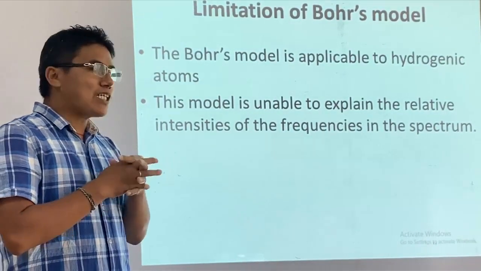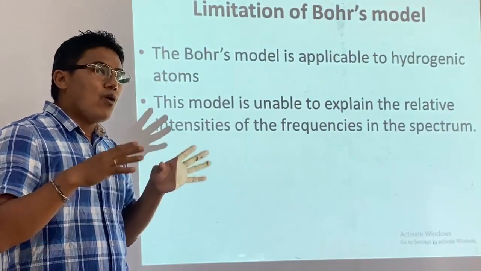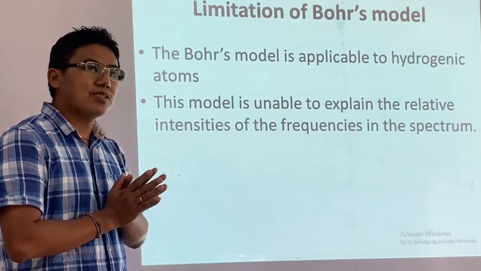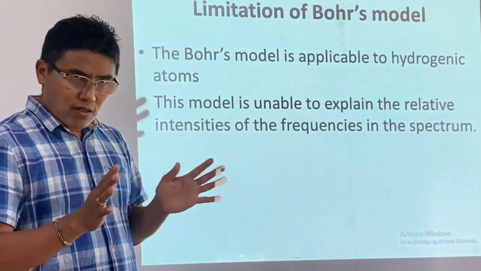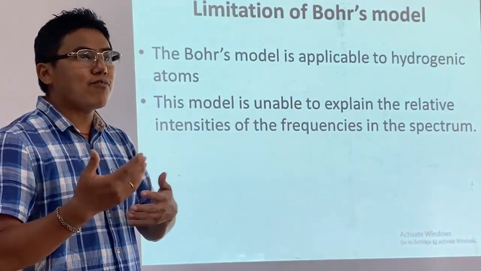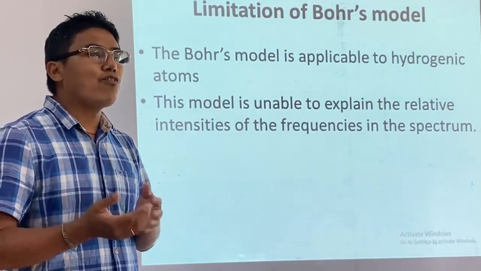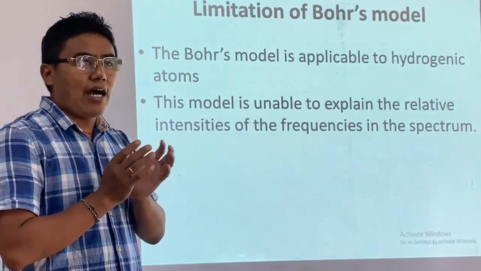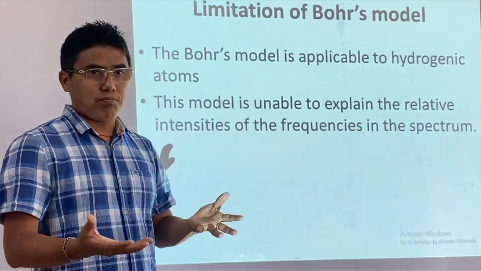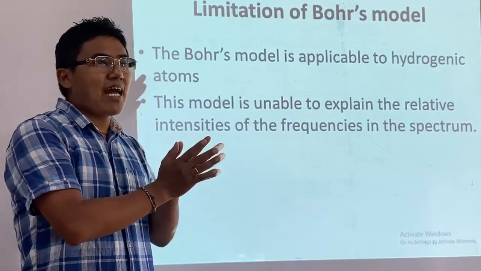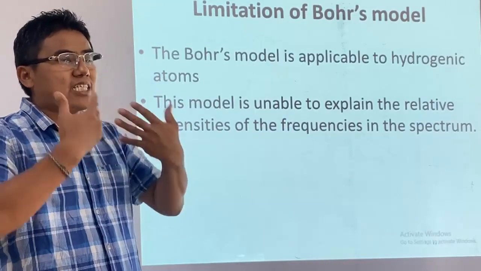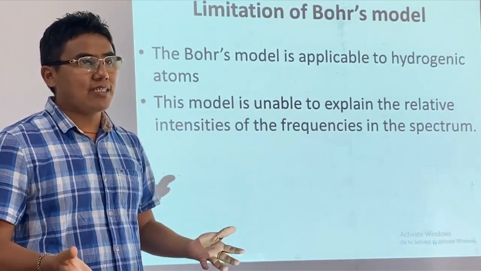And then another limitation of the Bohr model is that when you observe the spectral lines of hydrogen atoms, some spectral lines are brighter. The intensity of spectral lines has relative variations, right? There is a variation of intensity in the case of hydrogen atoms, right? So some spectral lines are brighter and some are less bright. The Bohr model could explain why spectral lines are formed, right?